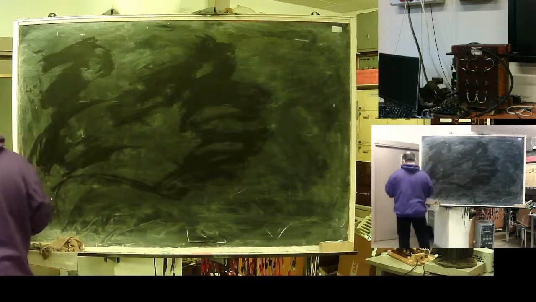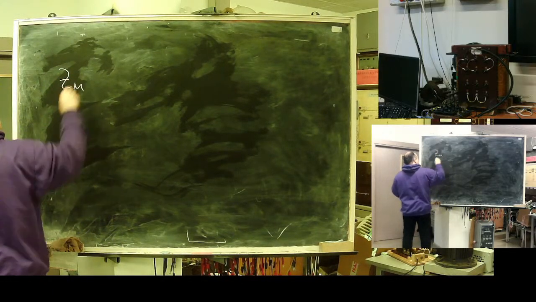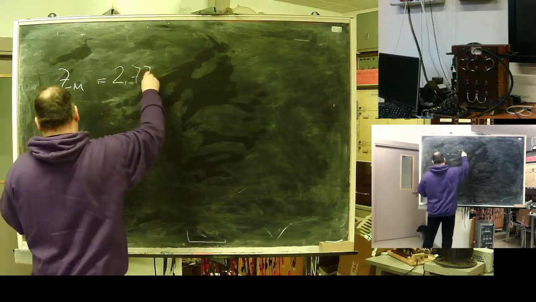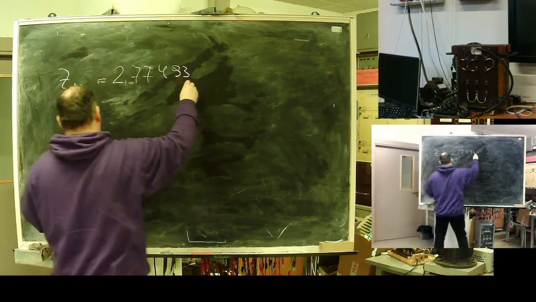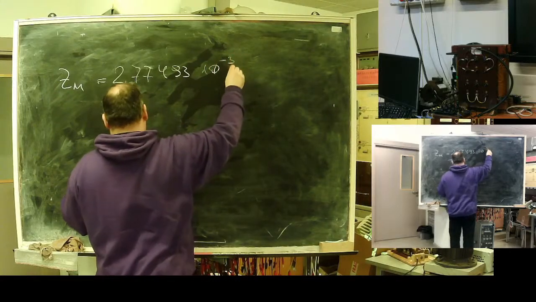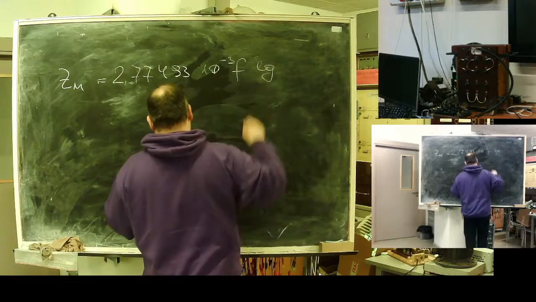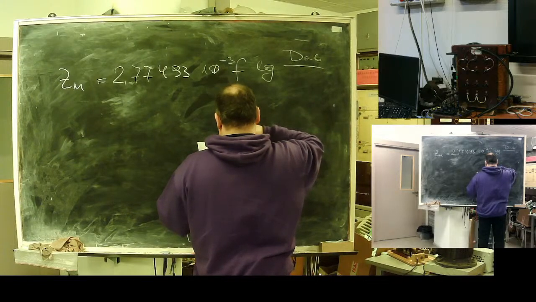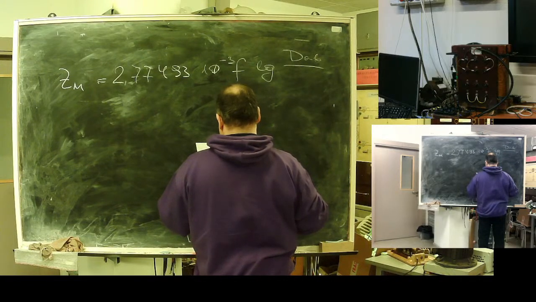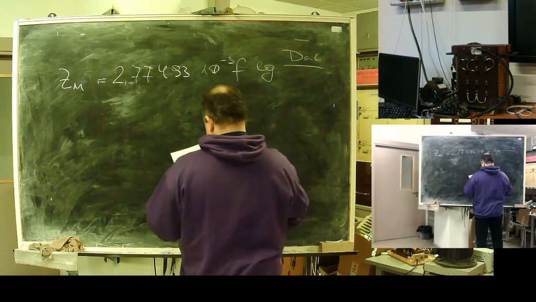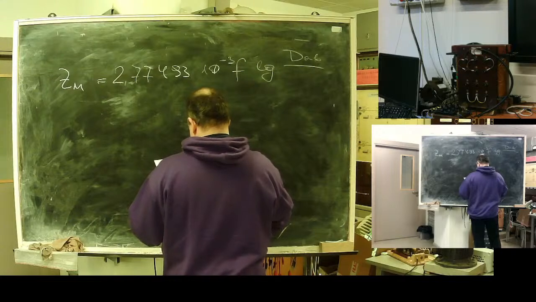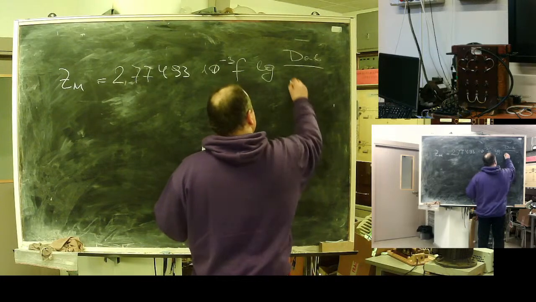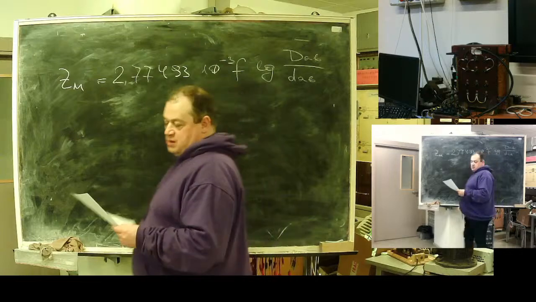In his solution, mutual inductance resistance is 2.77493 times 10 to the minus 3, times frequency, times decimal logarithm of capital AB divided by small ab.